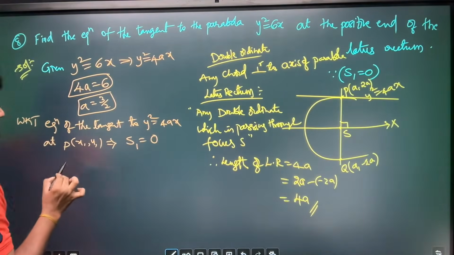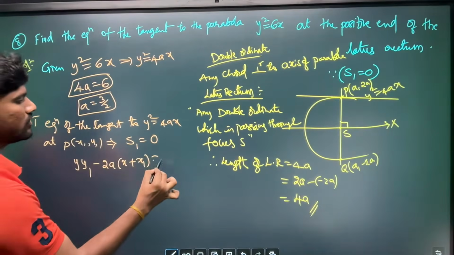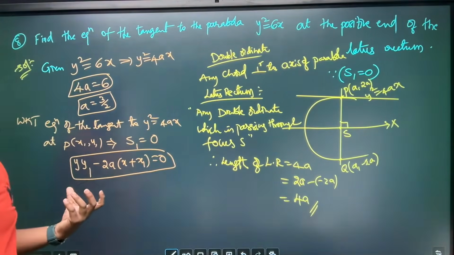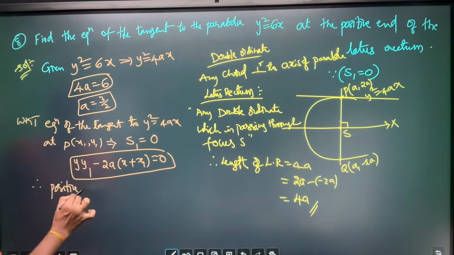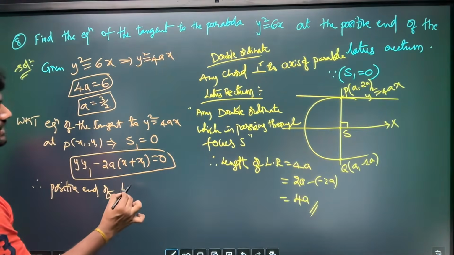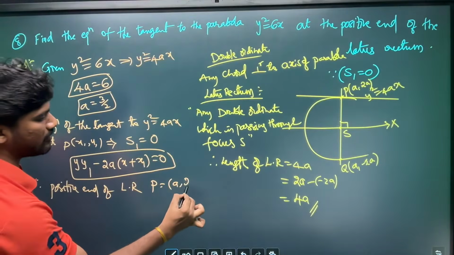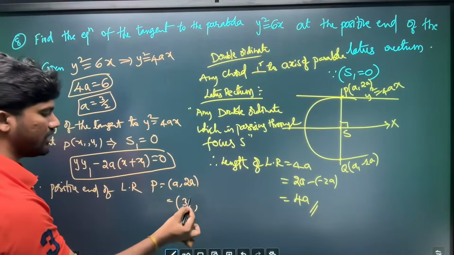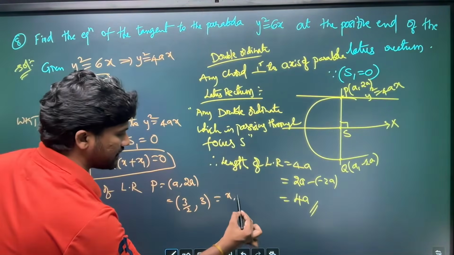Sir, what is S1? y into y1 minus 2a into (x plus x1) equal to 0. Please remember this equation. Okay, sir, here what are x1, y1? We don't know them. And here the positive end of the latus rectum, LR, is P = (a, 2a). What value did a come to? 3/2. 2 into a means 2 into 3/2, the 2 cancels and 3 comes. Take this one as x1, y1.